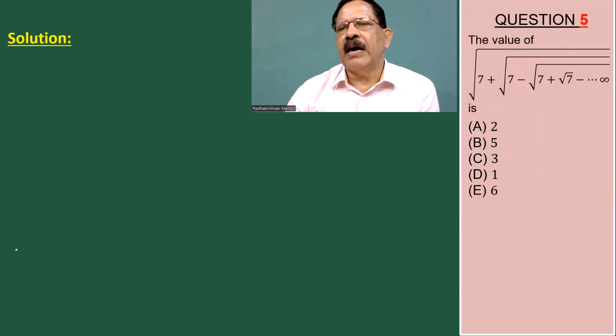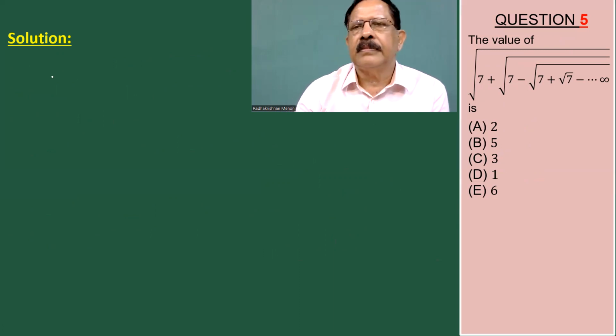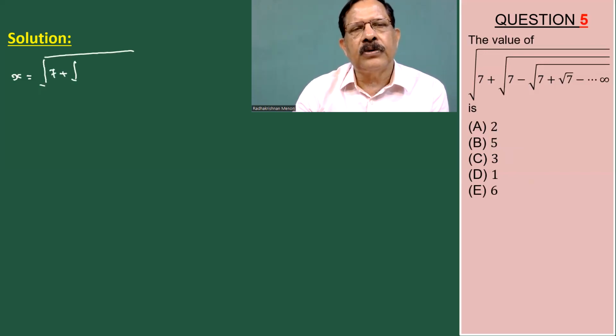Next question, the value of root of 7 plus root of 7 minus root of 7 plus root of 7 minus, etc. So let us assume that the given expression is x. What is it? Square root of first 7 plus, then square root of 7 minus, then square root of 7 plus, then square root of 7 minus, etc. up to infinity.